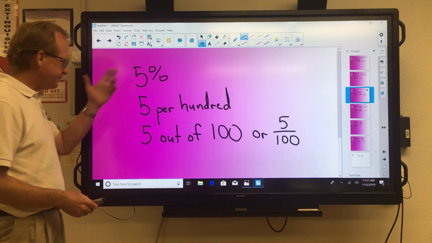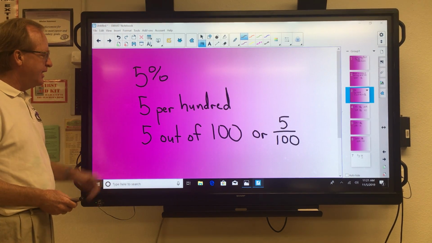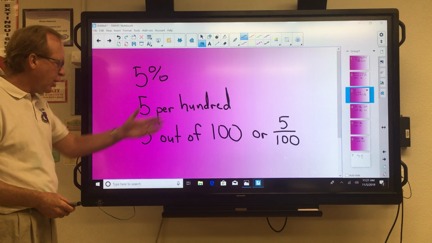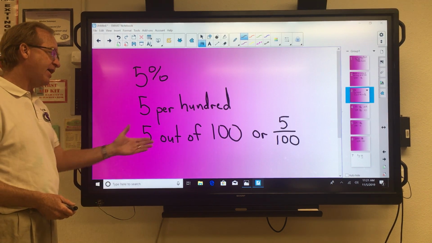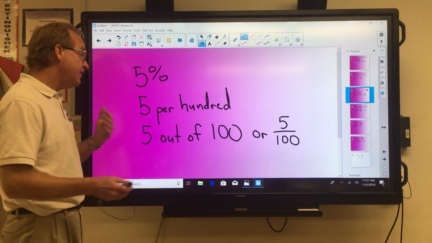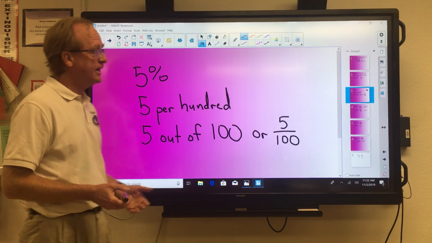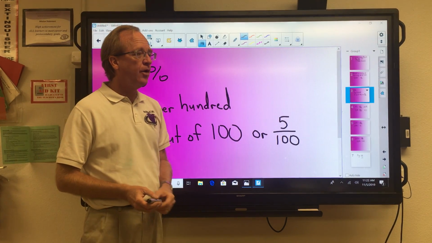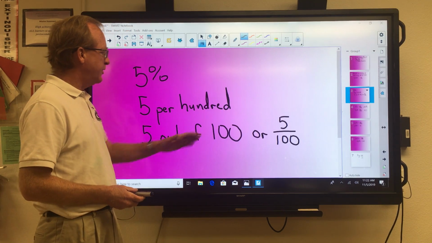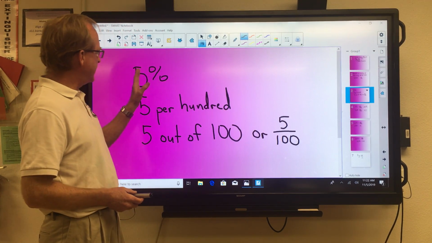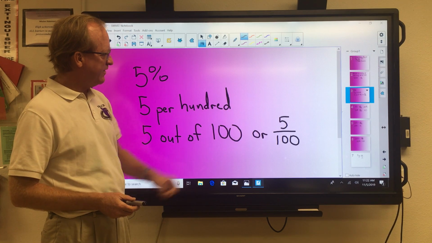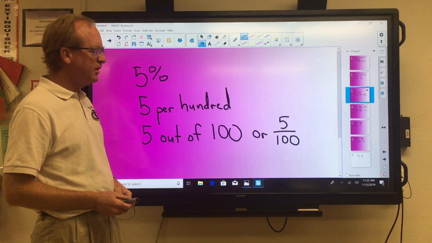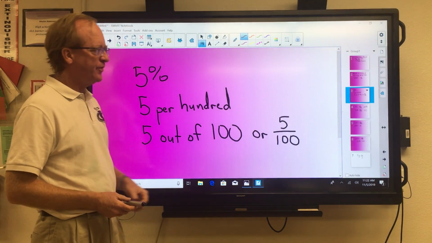So 5% is written like that, and there's 5 per 100. You can write it 5 out of 100, or you can even change it to a fraction. That's kind of cool. It's 5 over 100. So 5%, 5 over 100, 5 out of 100, all those things mean the same thing.